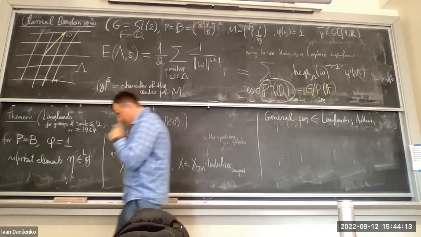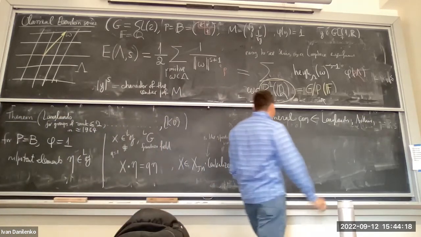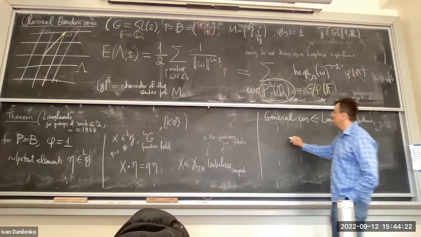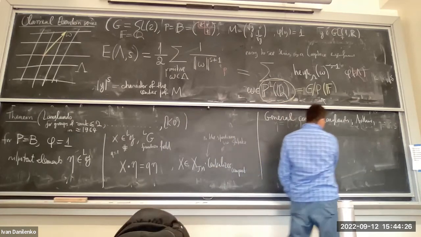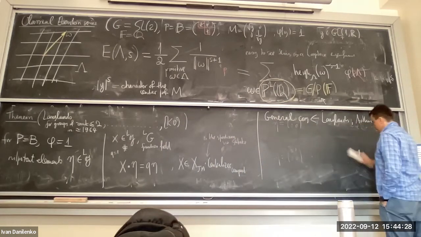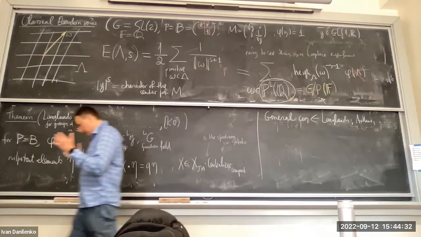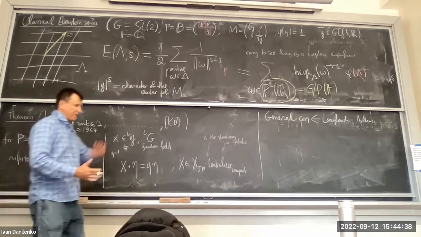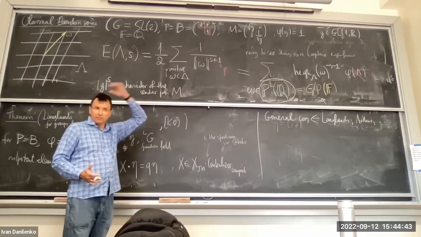They say that in general, the representations, the automorphic forms of the group G, have something to do with representations of some other group, the Langlands group.